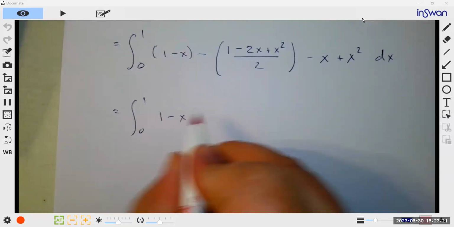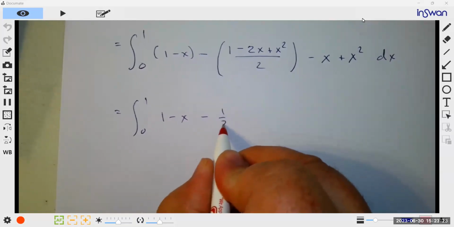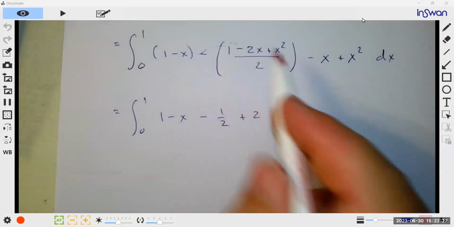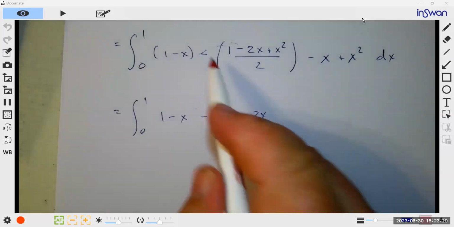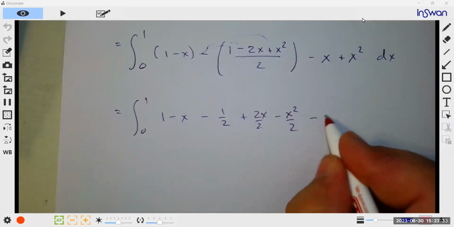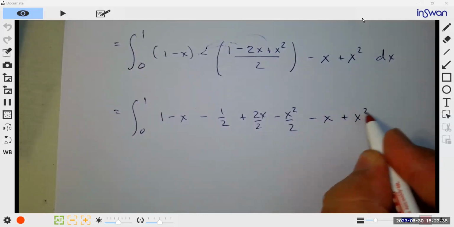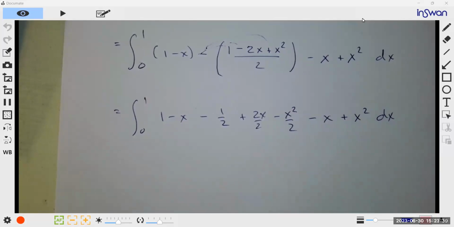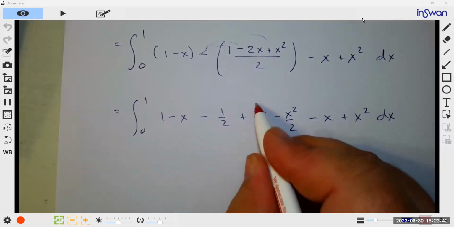So it's 1 minus x minus 1/2 plus 2x over 2 minus x squared over 2. That cancels.